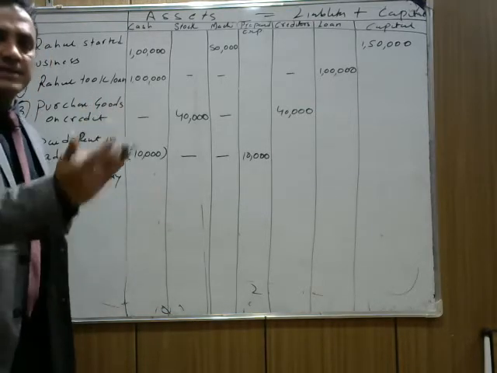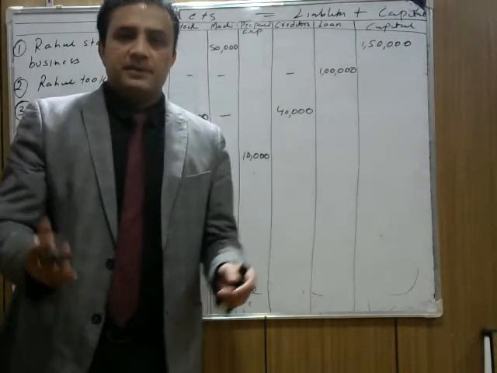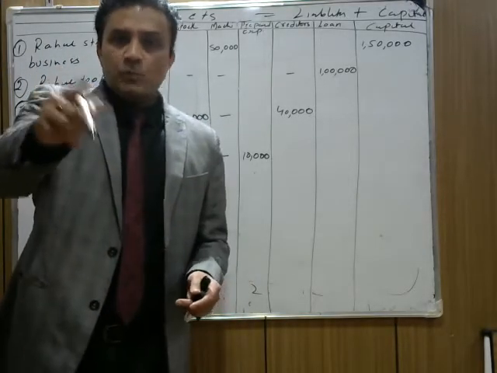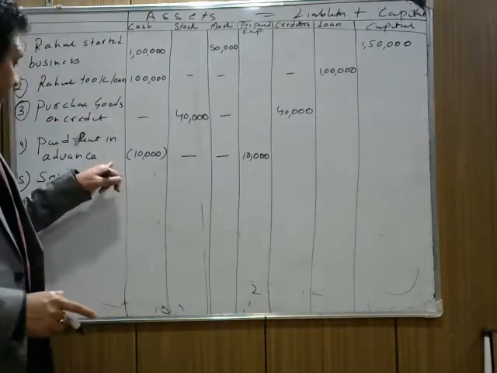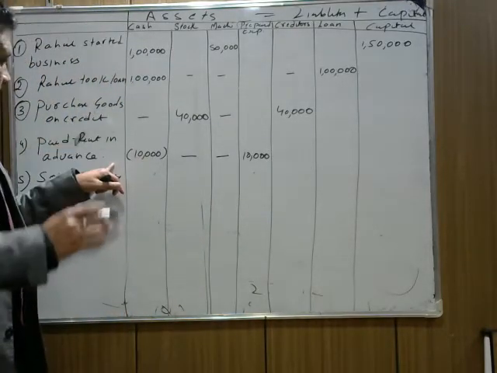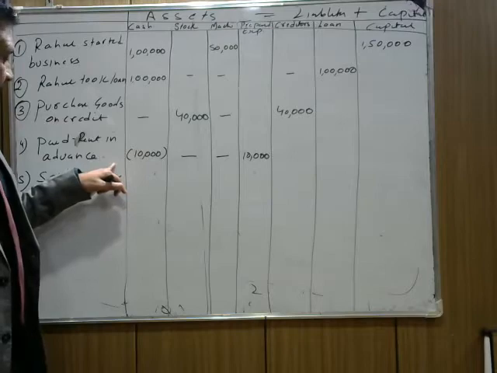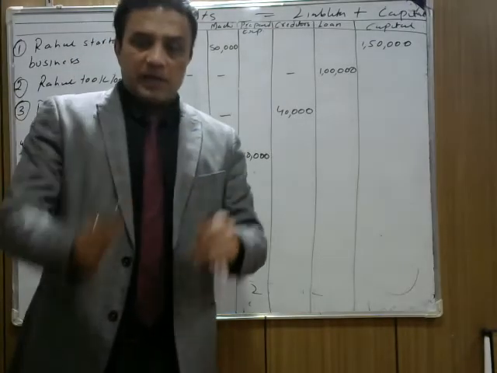Transaction ऊपर नीचे हो जाए, it doesn't matter. उससे कोई फर्क नहीं पड़ता. Please remember this: the 4th transaction is sold machinery, but by mistake I did the 5th one before that. So it doesn't make any change because I'm doing all the transactions.